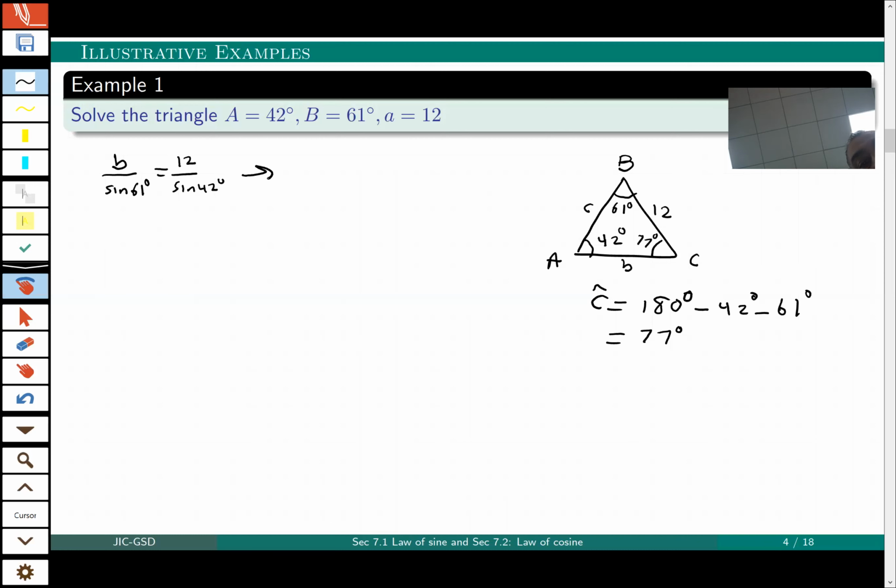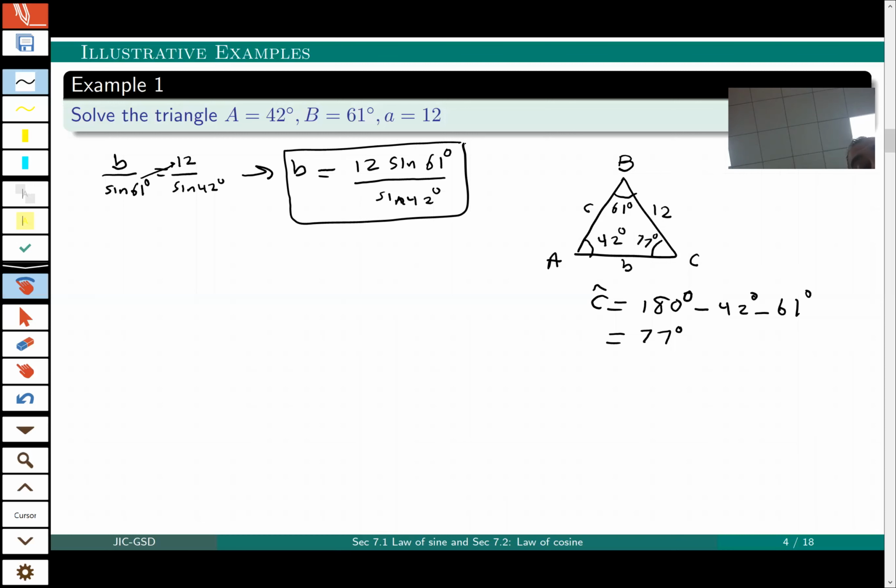And that will mean our b will equal, as we swap this one, sine 61 multiplied with the 12. So it will be 12 times sine 61 degrees divided by sine 42 degrees. Since we don't have a calculator, we just keep that as the sine. We cannot simplify it unless we have famous angles.